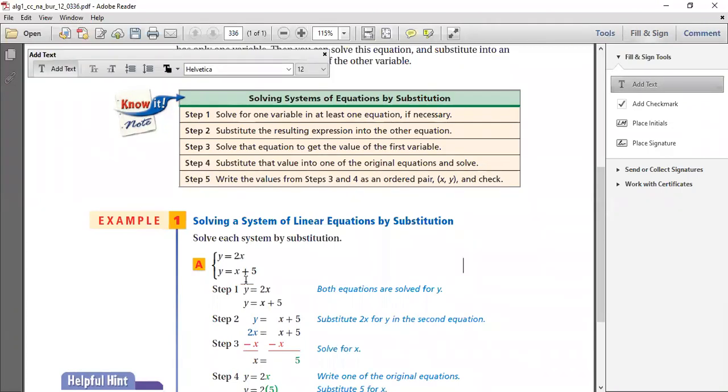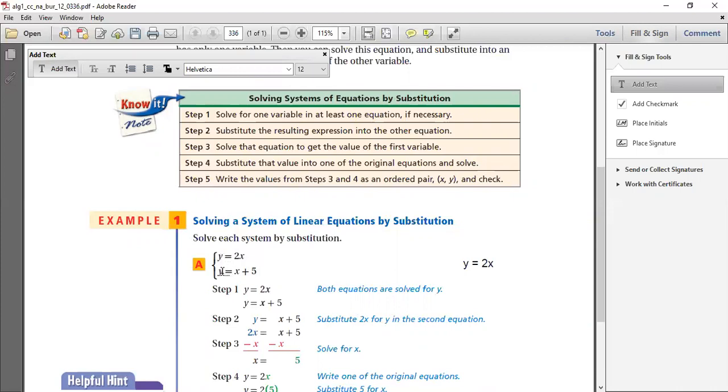Now, these are the two equations given for us, right? We can choose any one equation and substitute that value in the other one. Let me choose this one, y is equal to 2x. So first I'm going to write down y is equal to 2x. What am I going to do in the next step? You can put this x plus 5 in place of this y.